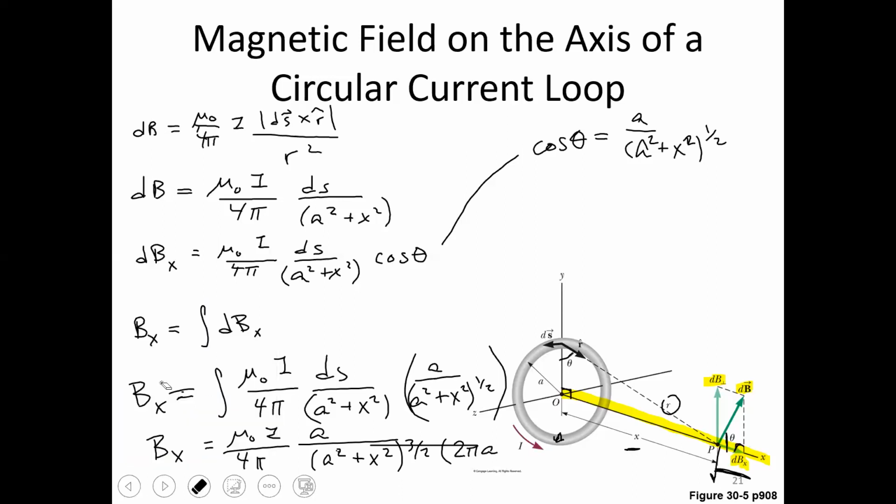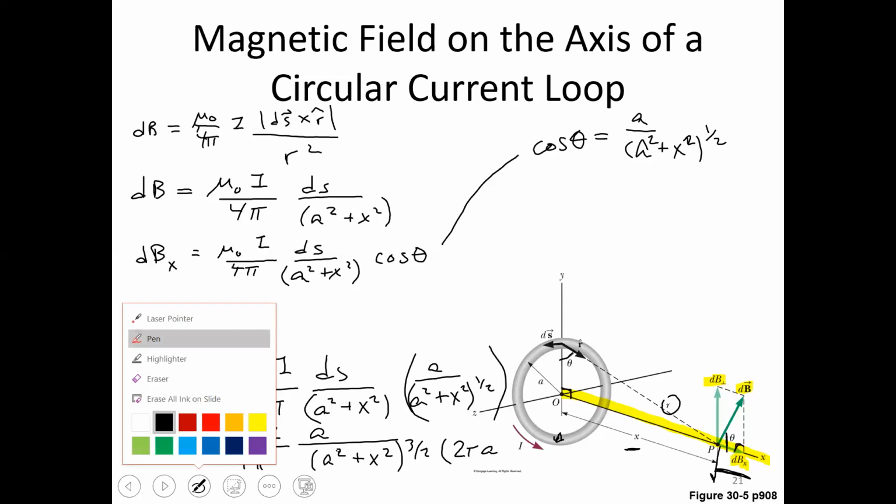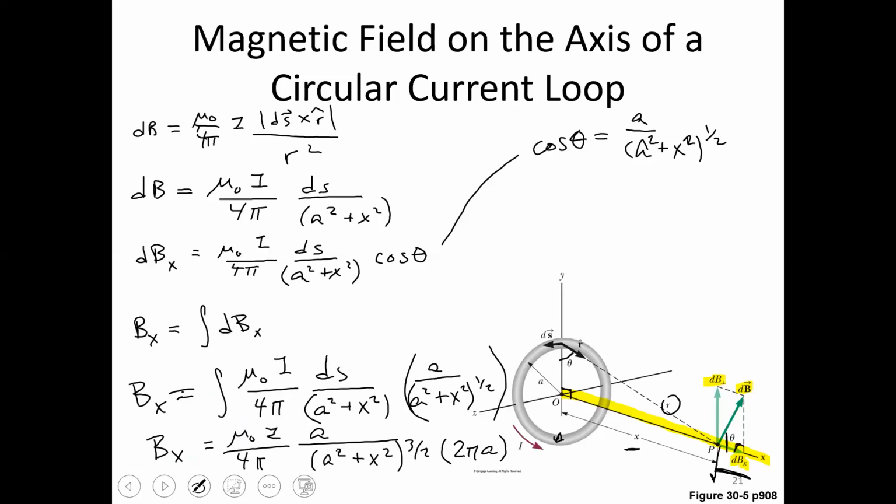So we're going to go around 2 pi a, the circumference of this object. Okay, so some 2's cancel, the 2 and the 4 partially cancel, the pi's cancel, and we end up with our final answer for this magnetic field on the axis of a current loop.